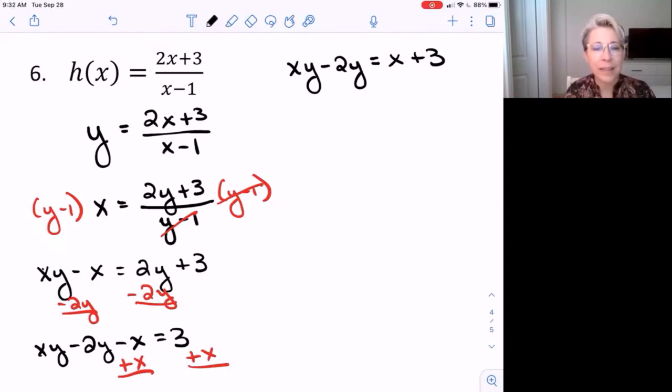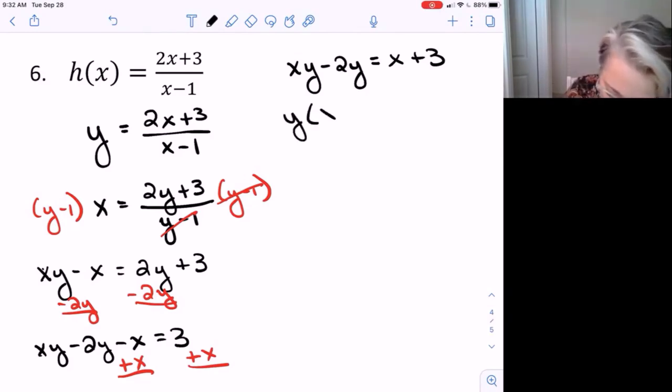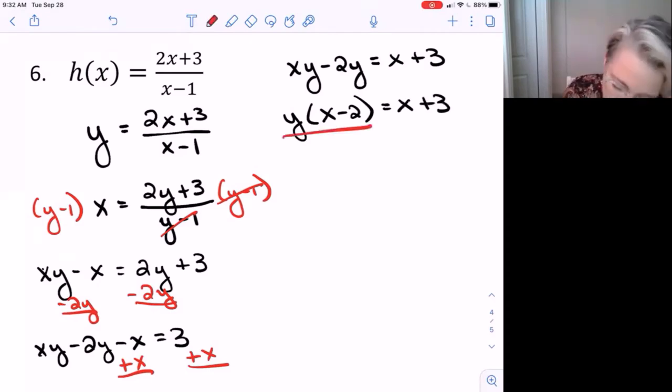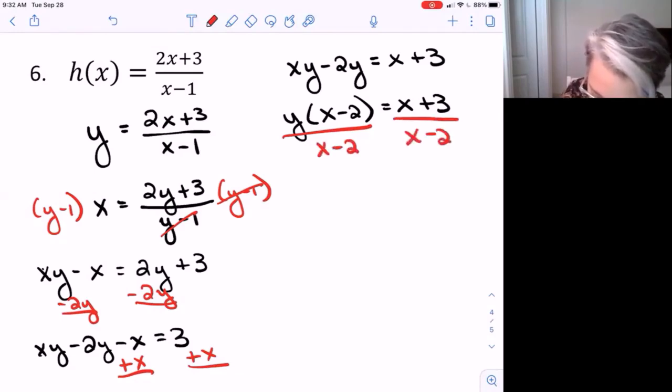And what can we do on that left-hand side to get just one y? Factor. Good. We can take out the y as a GCF, which leaves us with y times x minus 2 equals x plus 3. Since y is being multiplied by that binomial, we can now divide both sides by that binomial.